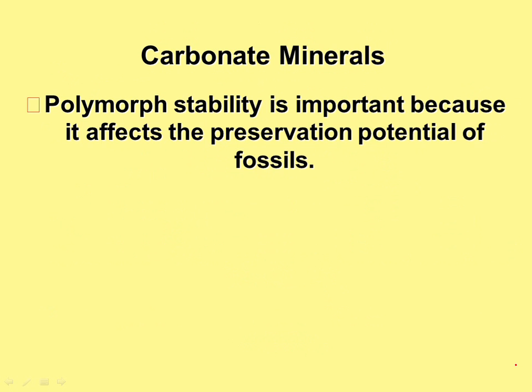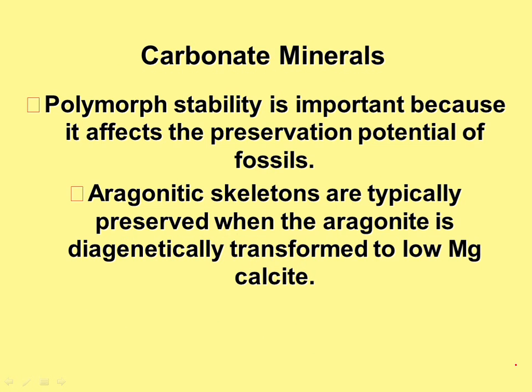Many invertebrate organisms that have skeletons of calcium carbonate, very often those skeletons are aragonitic in nature, but because of the instability of the aragonite, it tends to break down over time, and the aragonite is diagenetically transformed into a low magnesium calcite form.